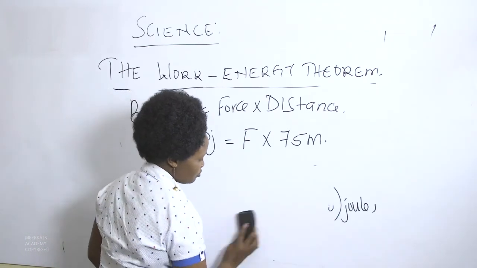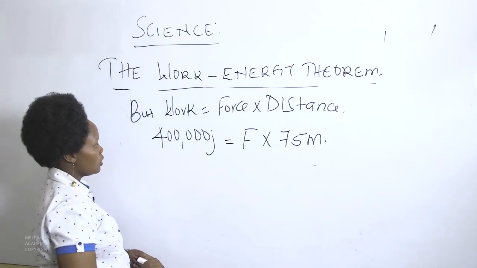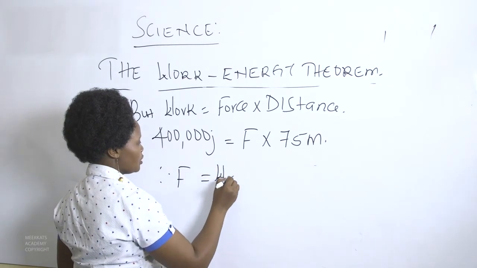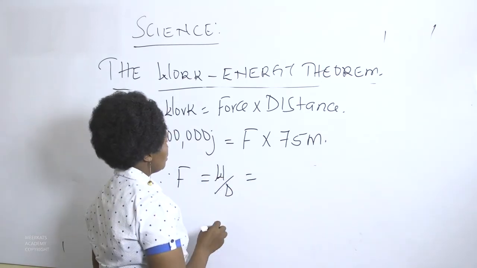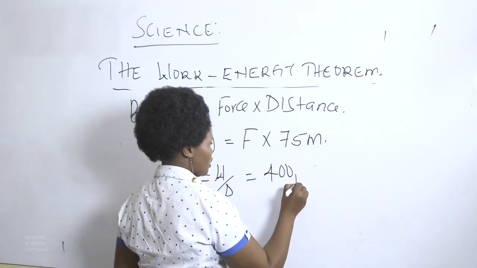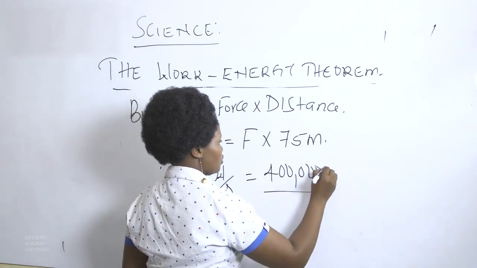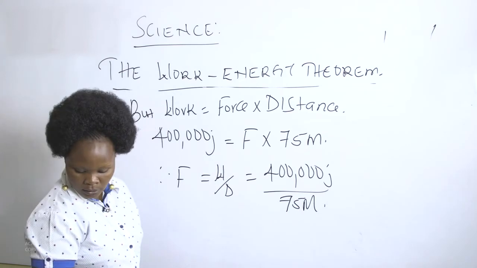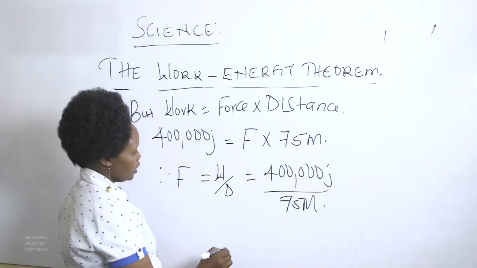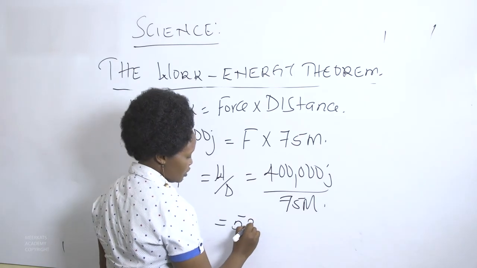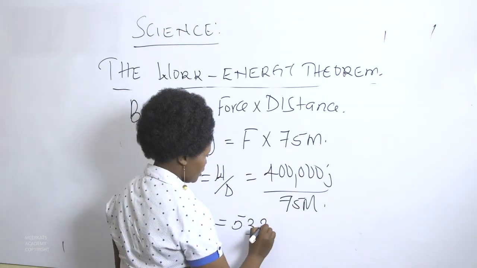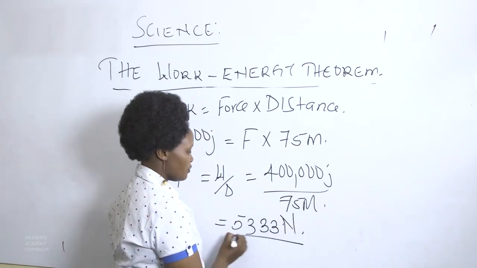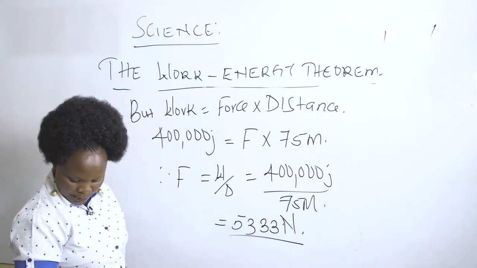We make force the subject of the formula, and force will be given by work over distance, which is 400,000 joules divided by 75 meters, and the braking force is actually 5,333. It's a force, therefore we use newtons.